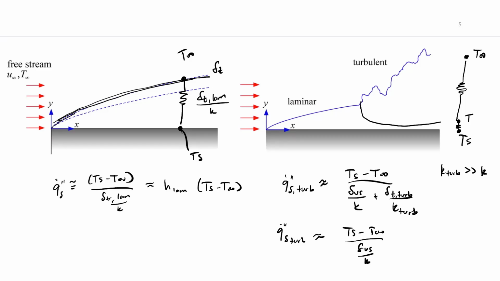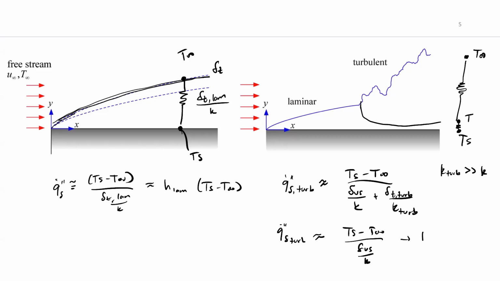So when you use correlations, which we'll do later on, turbulent flow correlations are often written for the viscous sublayer. You are basically solving for the viscous sublayer thickness in the correlation and doing the heat transfer calculations that way. Those are written in something called inner coordinates. We'll get to that in a lecture or two, I think. But for now, this conceptual understanding is good enough.